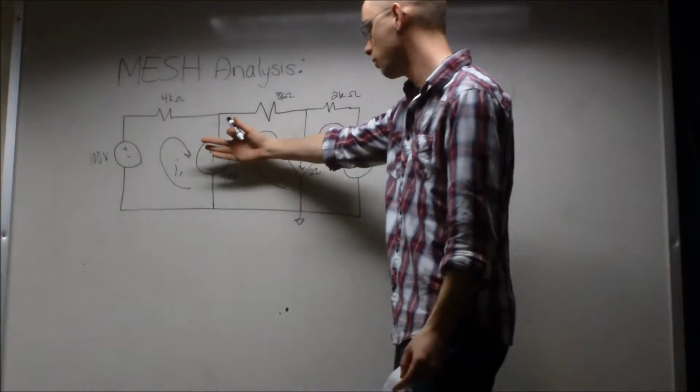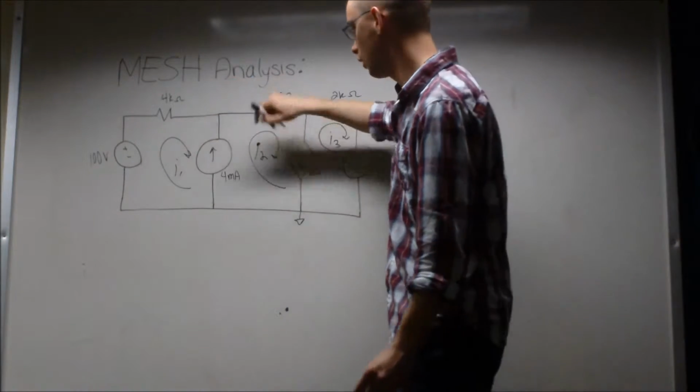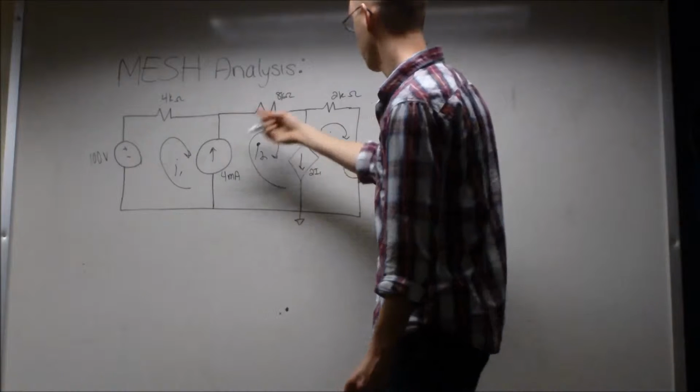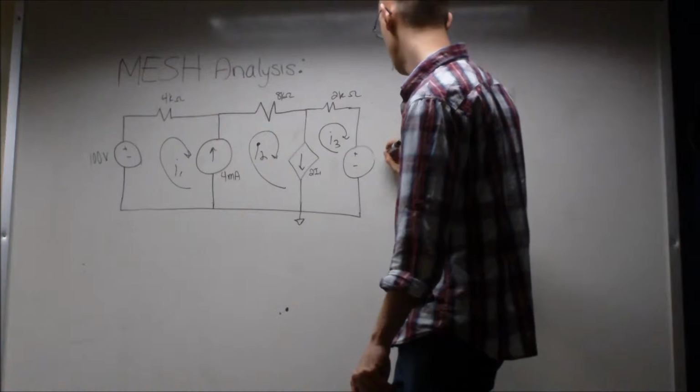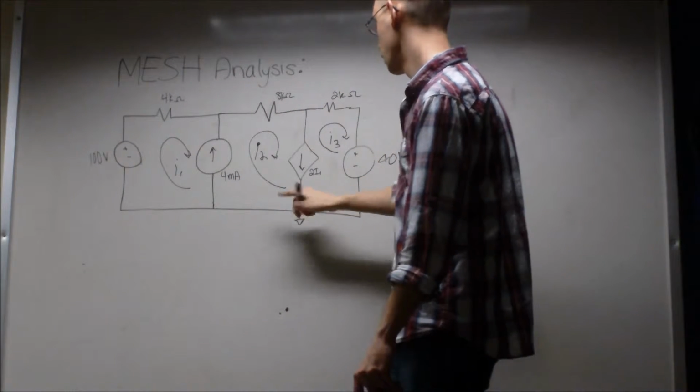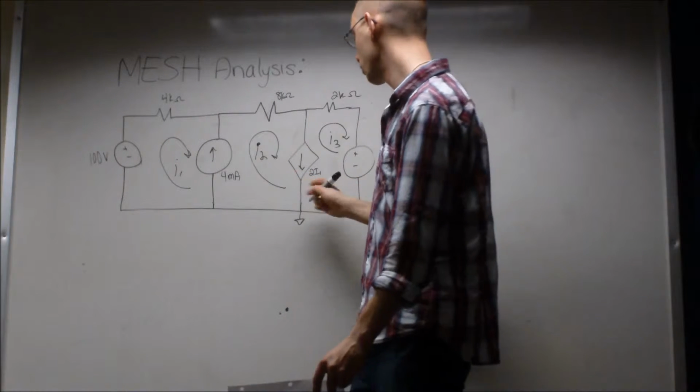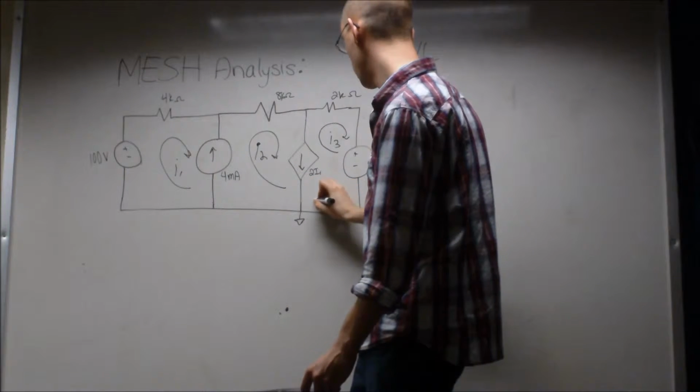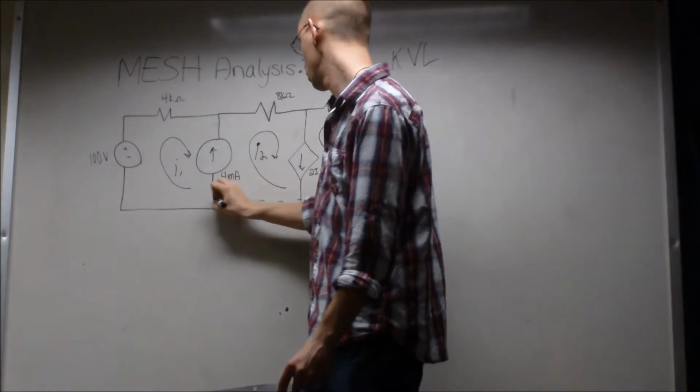If these sources were removed, the whole circuit would just be this one rectangle: 3 resistors, 2 voltage sources. This one is 40 volts. So here is your SuperMesh.